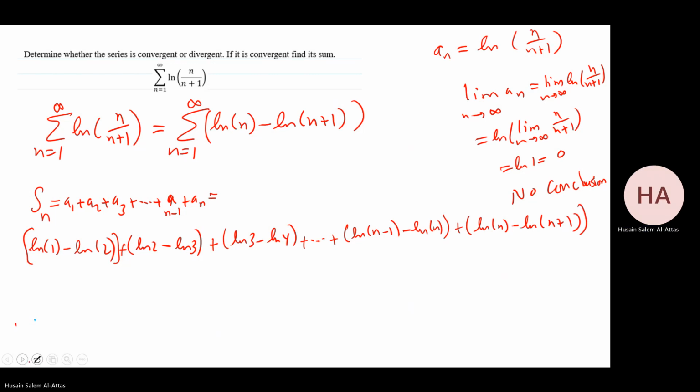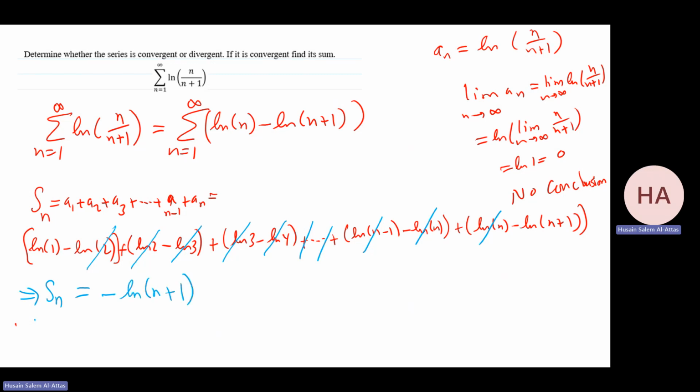Very clear telescoping. So this is cancelled, this is cancelled, this one cancelled, this one cancelled. So I have Sn equal to ln 1, which is 0, minus ln of n plus 1.